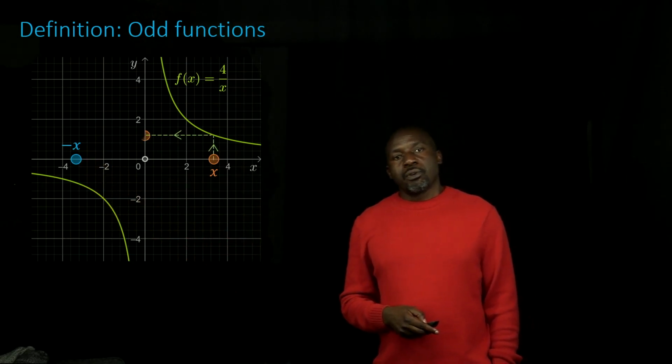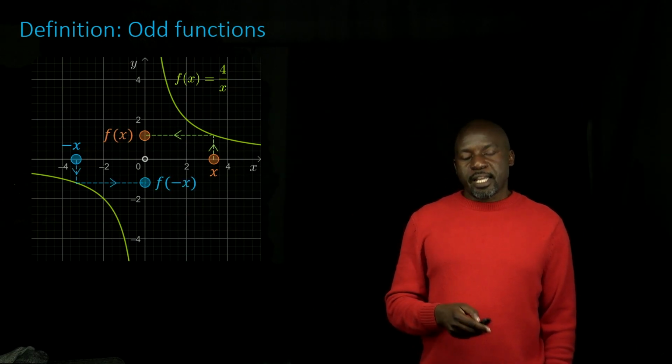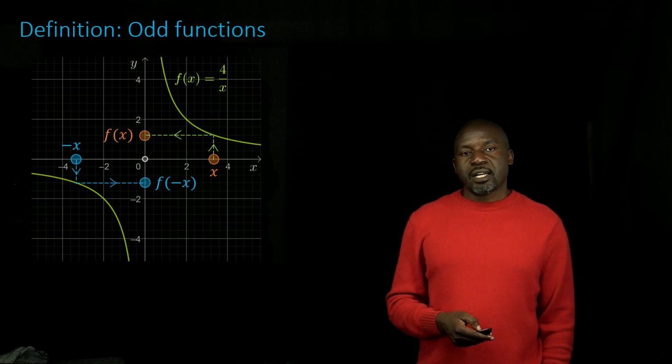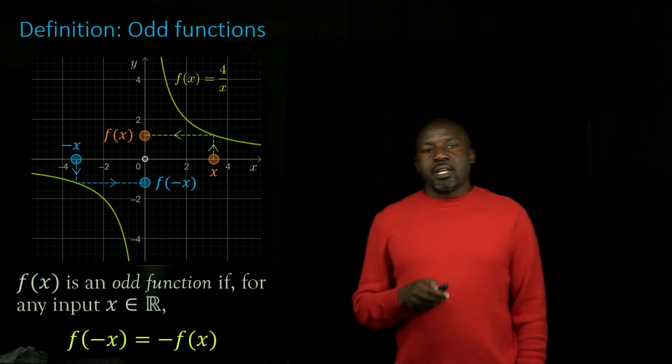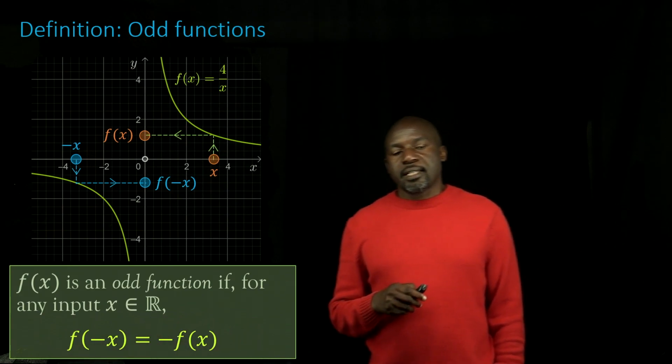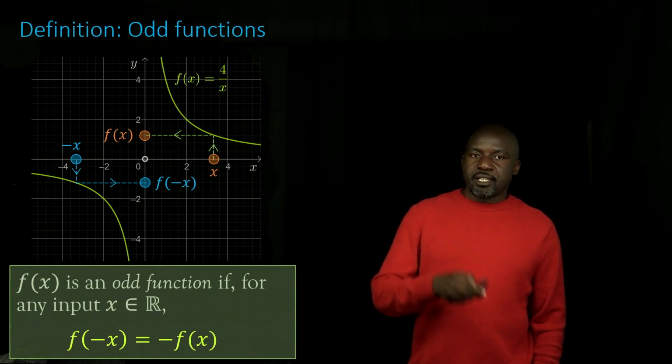So, okay, we notice that the y values are equal in magnitude, but one is negative while the other one is positive, okay? So f of x is an odd function if for any input x, f of negative x is equal to the negative of f of x.